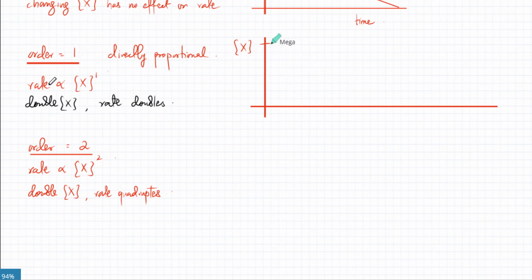So initially the concentration of X is over here, and this axis is time. Initially the reaction is very fast and the concentration of X decreases very rapidly. So it becomes half at this point. But then it slows down, and the gradient becomes less and less steep.